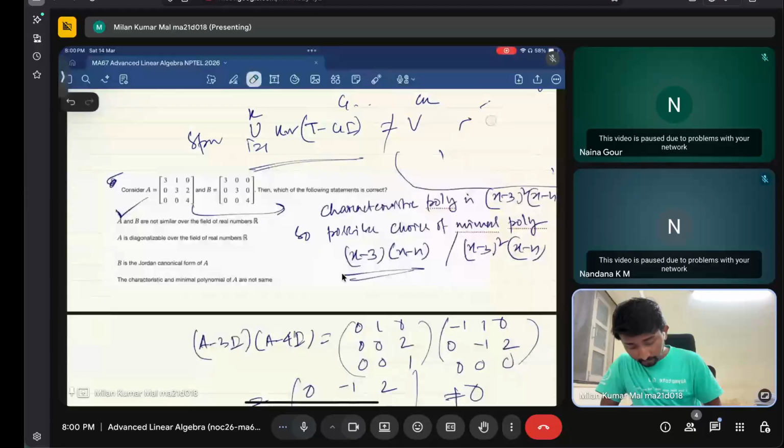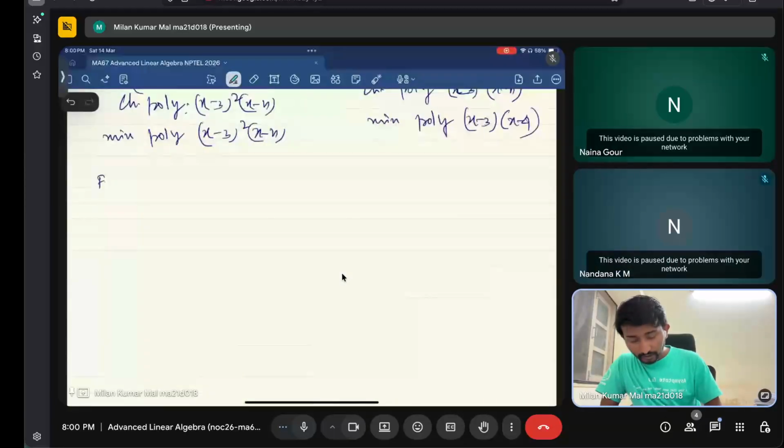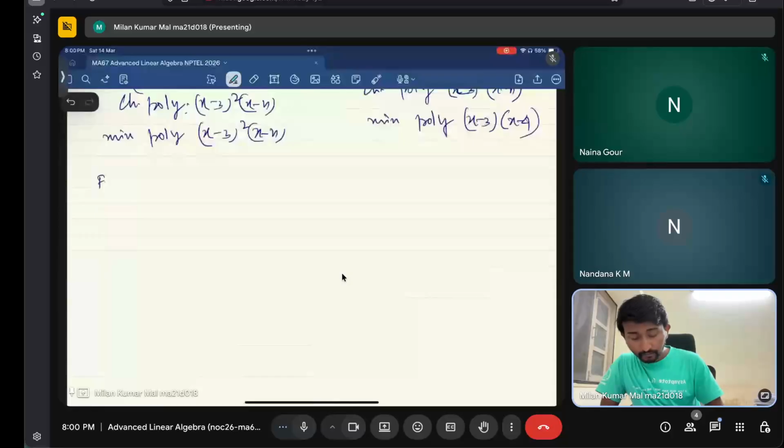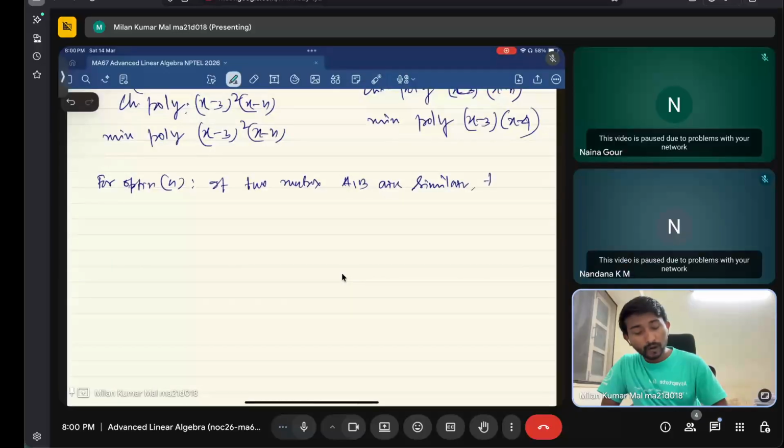For option A, if two matrices A, B are similar, they should have the same Jordan canonical form. In fact, this is if and only if. If you have the same Jordan canonical form, they must be similar. Why?